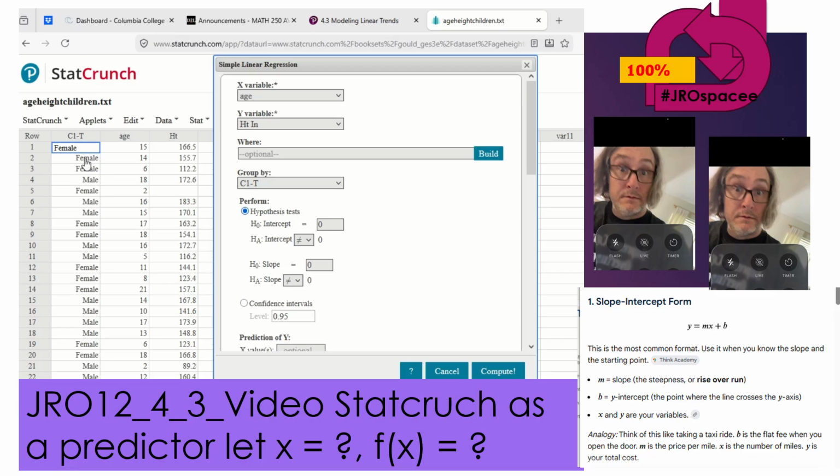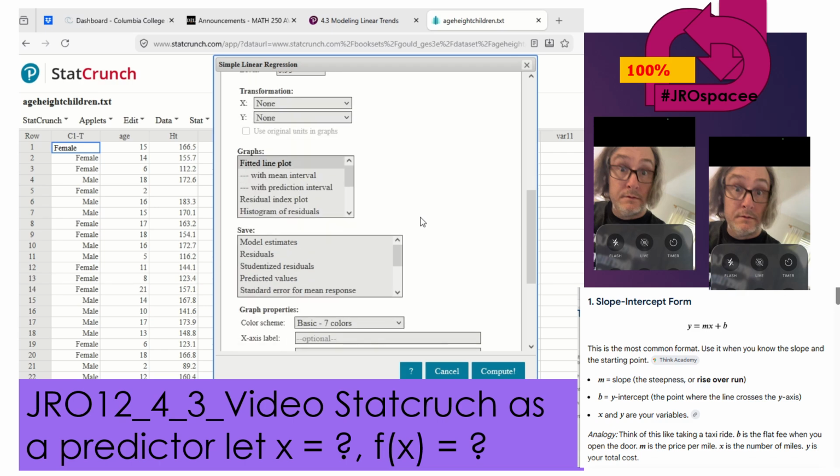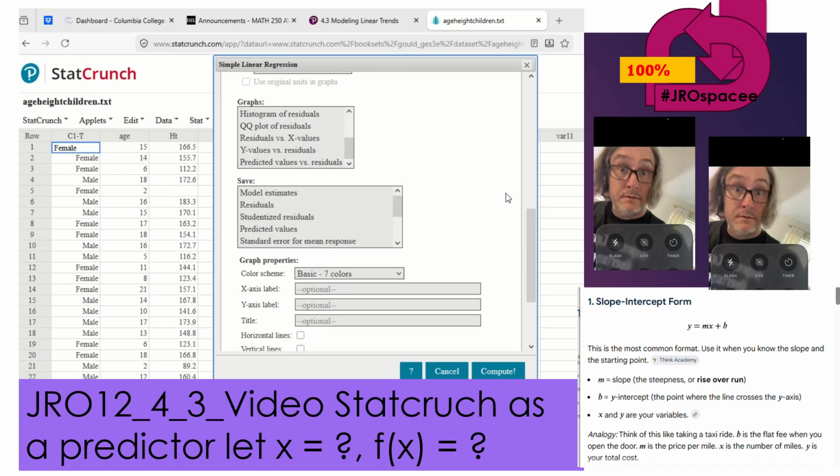So that has two possibilities, male or female, in this scenario. And I always like to grab the fitted line plot along with the prediction interval. And that's about it, really.